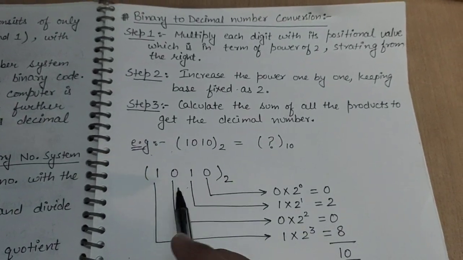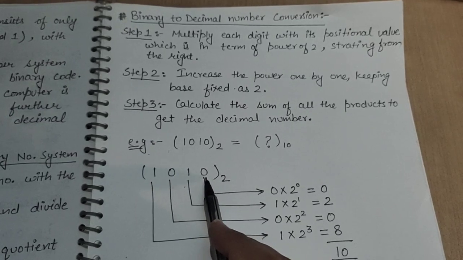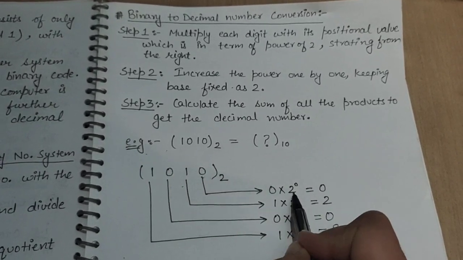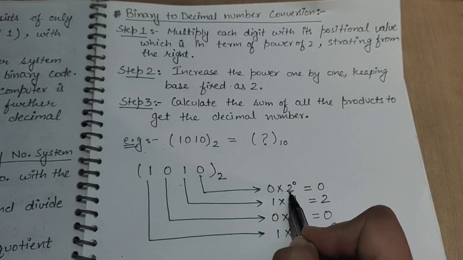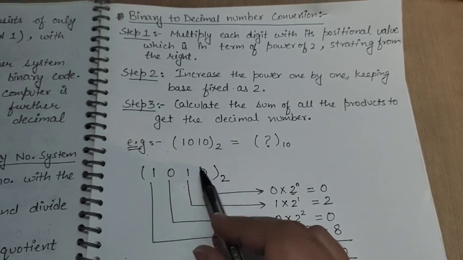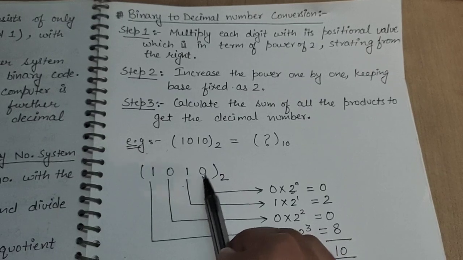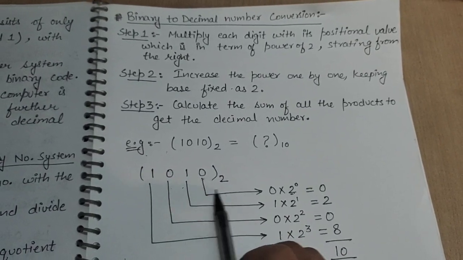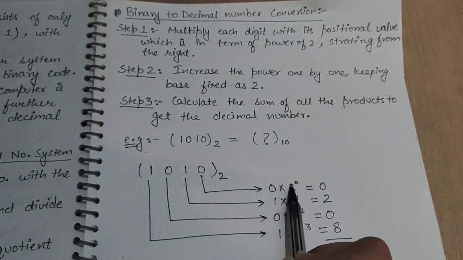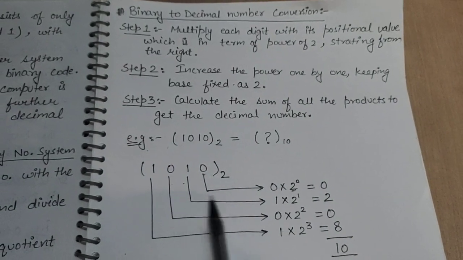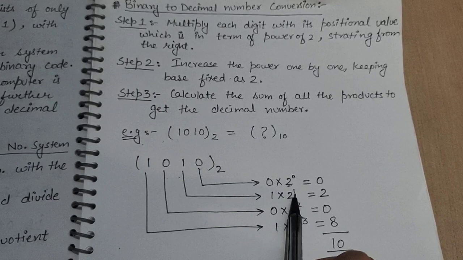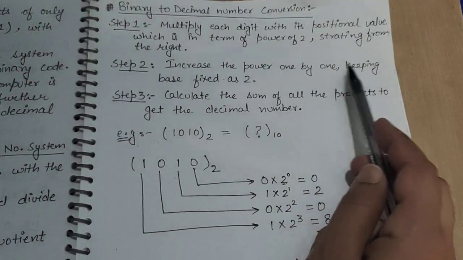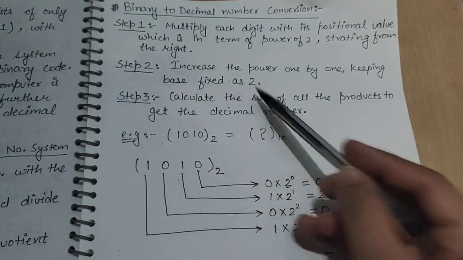What is our first step? We have to multiply each digit with its positional value with the power in terms of 2, starting from the right. We will start from here, that is our right position. So we will multiply 0 with 2 की power 0. Next is 1, 2 की power 1. We have to increase the power 1 by 1, keeping the base fixed as 2.